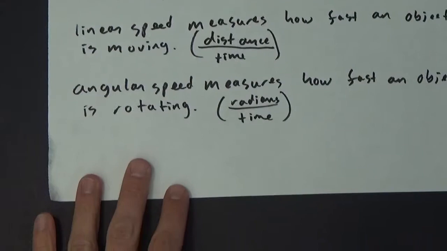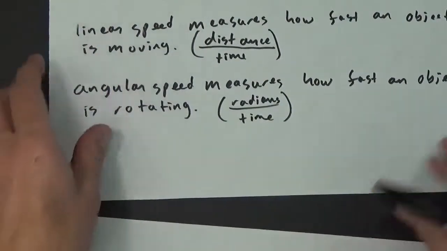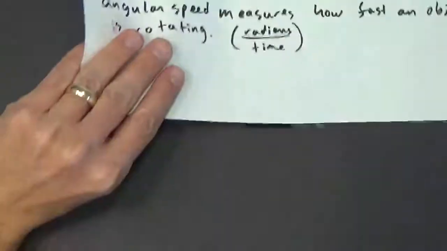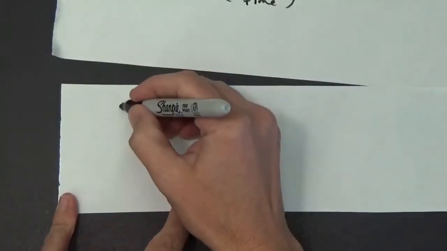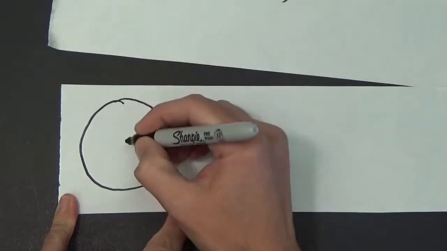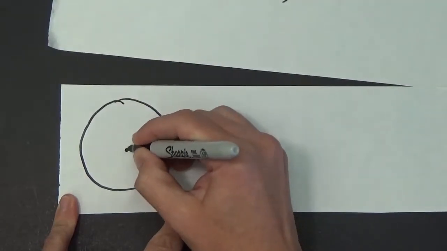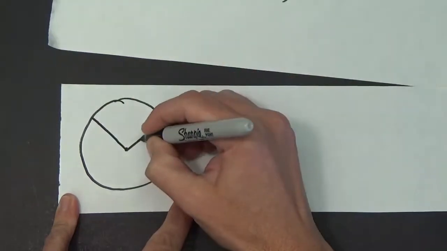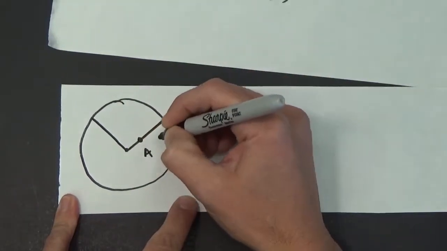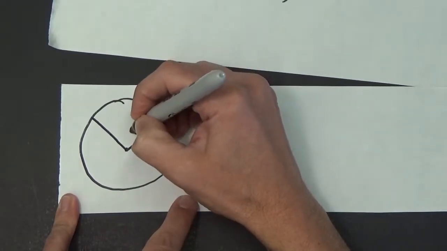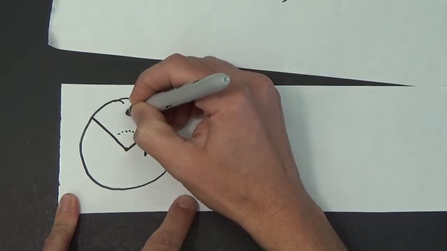Okay, now just to make sure we're clear on how this works, I'm going to take another little piece of paper here. Let's say we have this object here. Here's the center. Okay, we have 2 points. We have point A and point B. And the thing goes over here, and B goes over here.